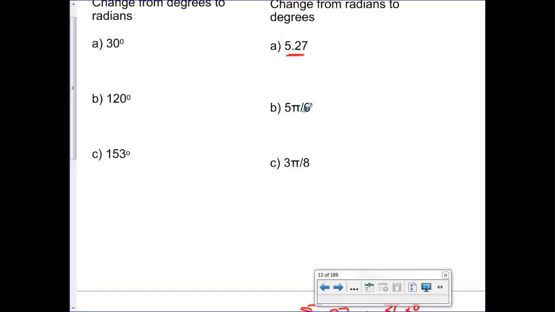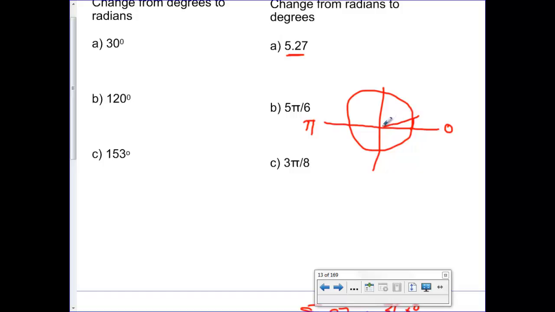Normally I'm going to give you something like this, 5 pi over 6. So before I actually even draw this out, if I draw my circle again, here's 0, and this is pi. What we're really asking you for is 5/6 of pi.